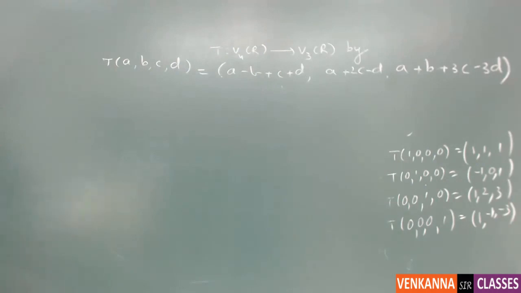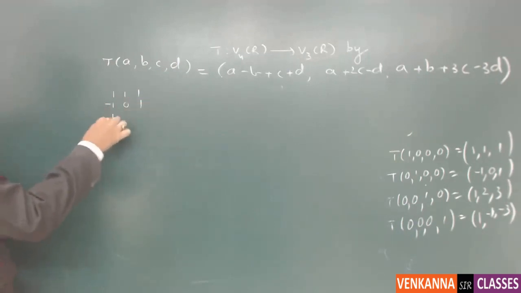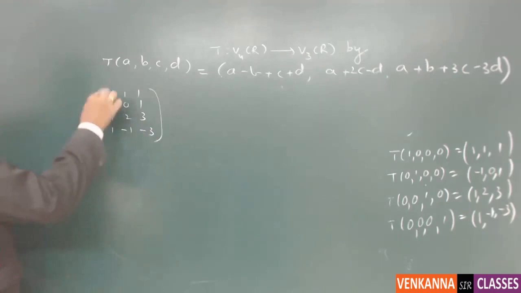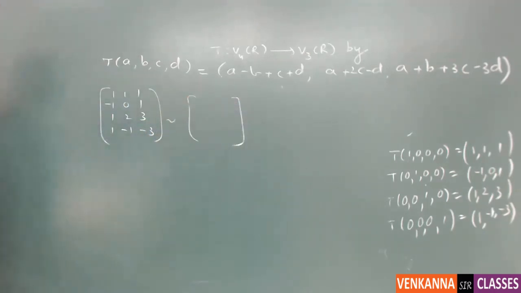You consider them in the form of a matrix. You can reduce that into echelon form by applying row operations.